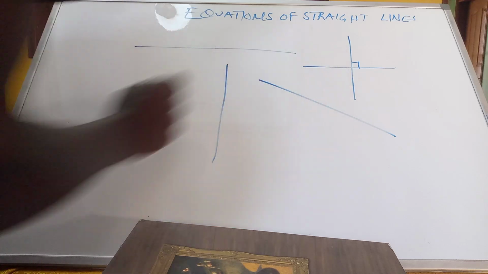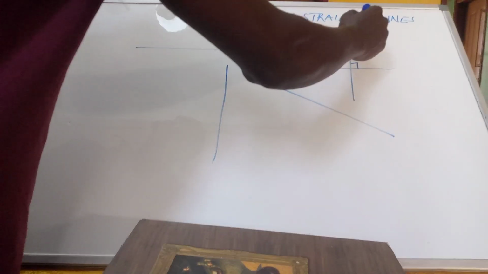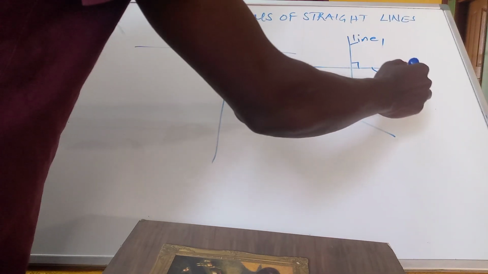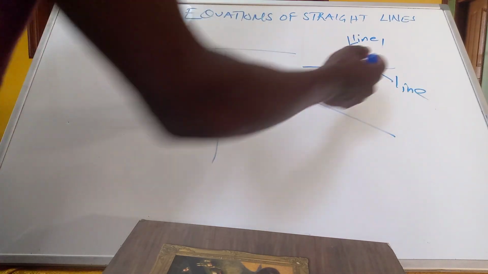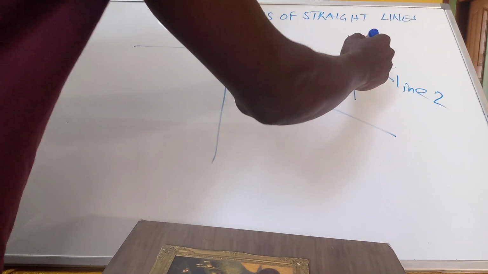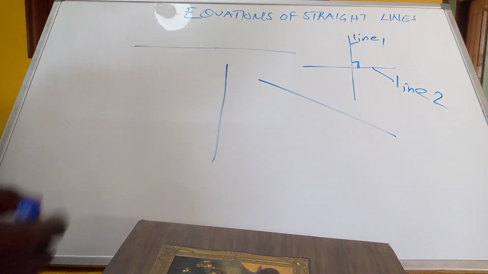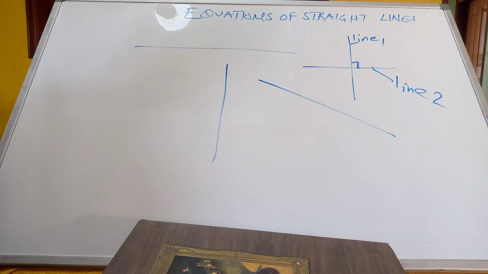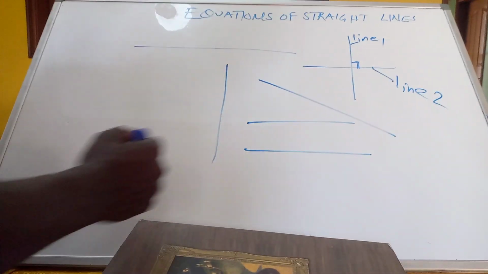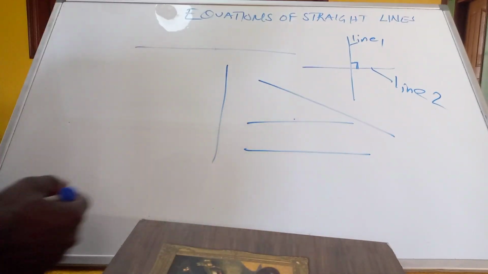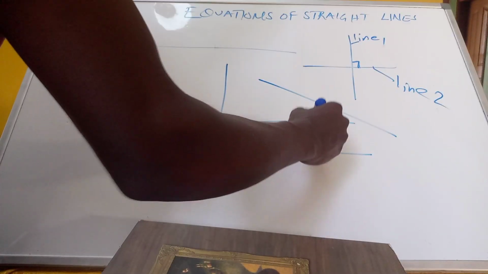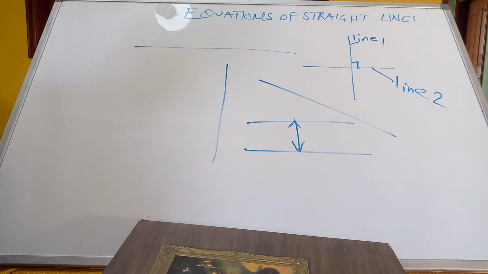If this is line 1, and this is line 2, these two lines are meeting at an angle of 90. This symbol here signifies a 90. We've said that parallel lines are like this. If these two lines are parallel, it means they will never meet, but they still have the same distance apart.